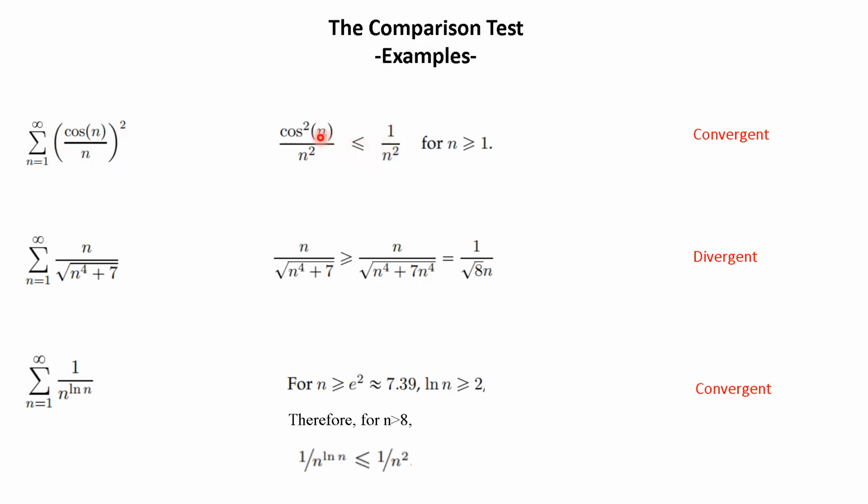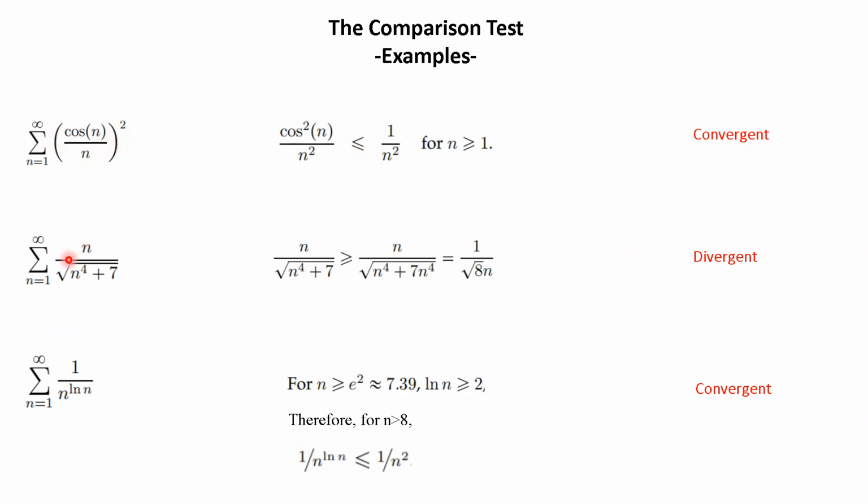You know that for any n, cosine squared n is just between 0 and 1, so this has to be smaller than or equal to 1 divided by n squared for all n. And you already know that the 1 over n squared series is a convergent series, so that's why this series is also convergent.